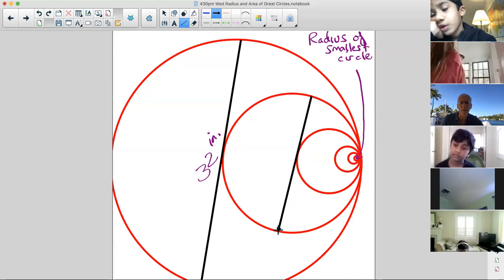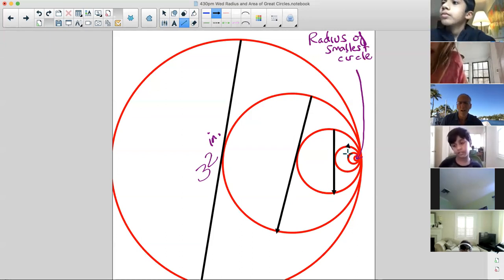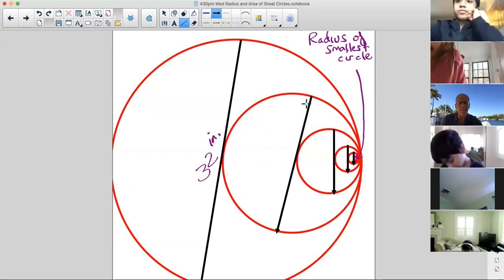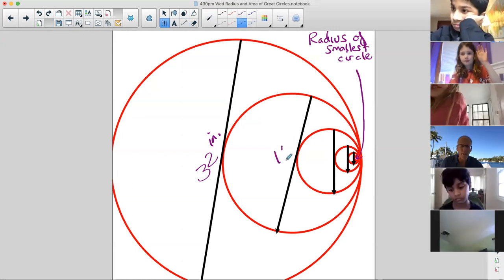Sarah, if the diameter of the first circle is 32 and the diameter of the second circle is half of that, 16. Very good. Now you should be on your way.